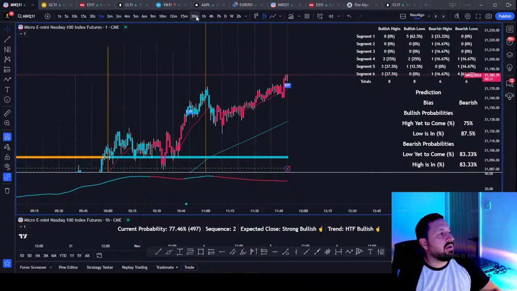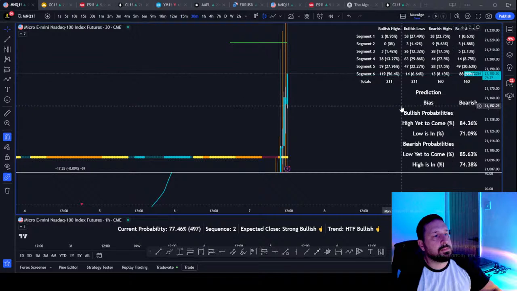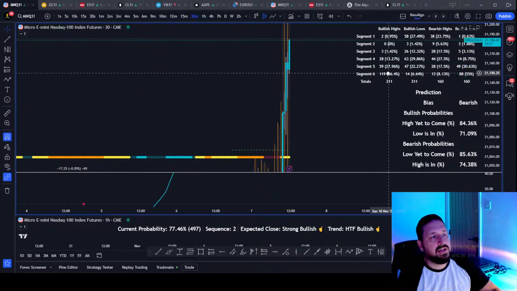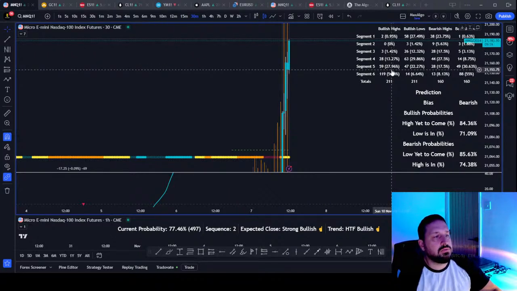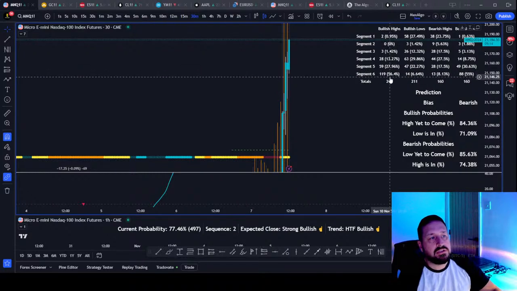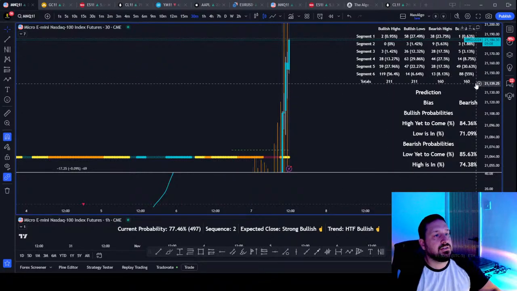So let's go up time frames. If we're bullish, we've still got segment 6 to come. We're probably in segment 5. You can see that we've still got time for that bullish distribution on the daily.